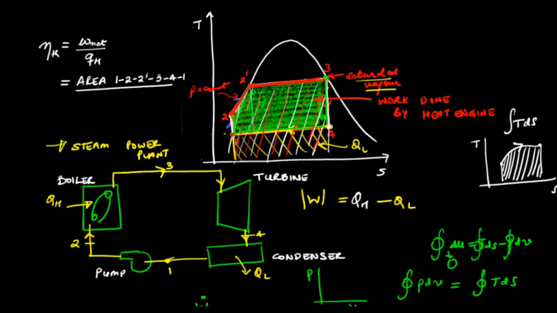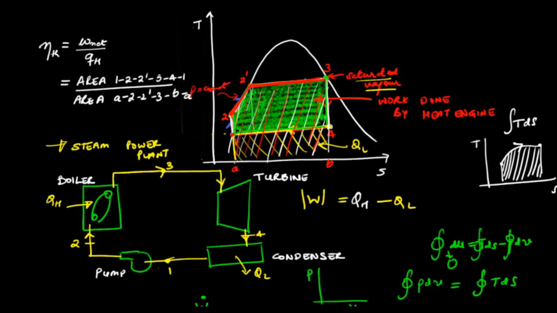So the area, we can denote these points as, let's say, A and B. So this is the area enclosed between this polygon, that is A to 2 to 2 prime, 3 to B and back to A.